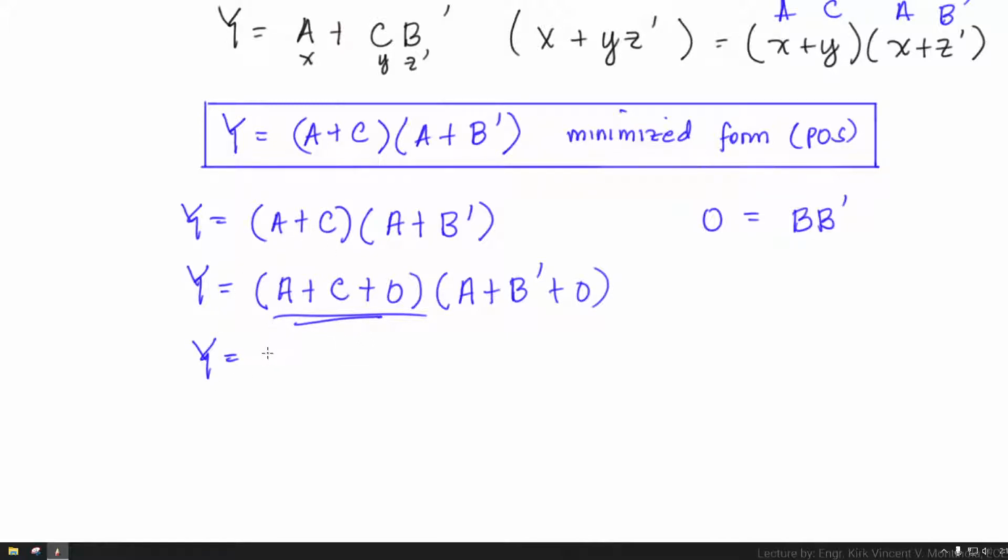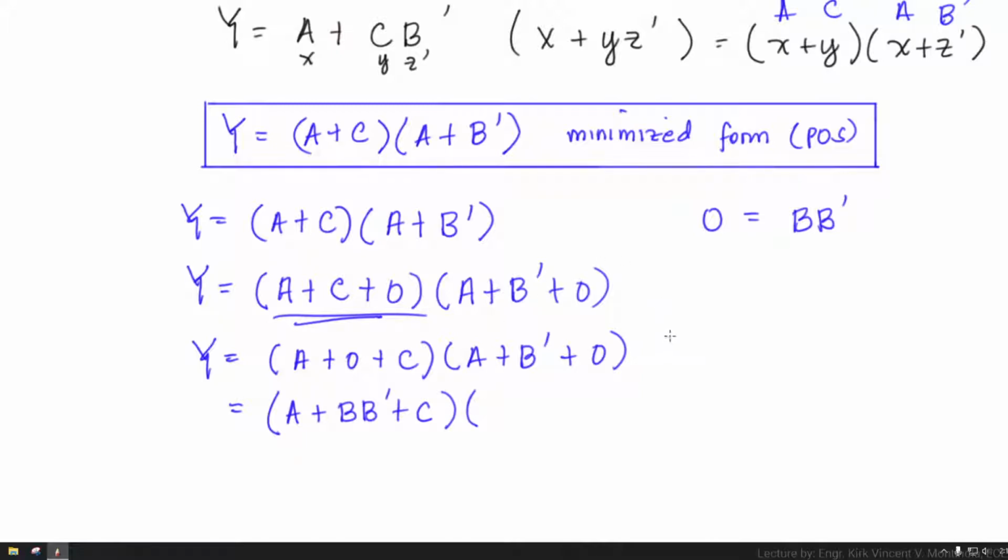So, arrange mo lang na maayos in particular order, para madali mo makita yung B and C. Okay, so that is A plus 0 plus C and then A plus B naught plus 0. Okay. Then I could represent, since ang introduce ko dito ay B, edi ang A ko is plus, di ba pwede yan class? B, B naught plus C. Tama.